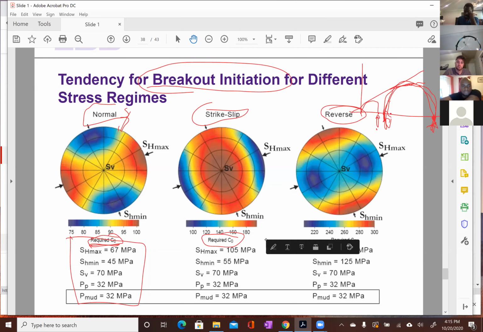So if it's very high, the rock will have to be very strong in order not to create breakouts at 45 degrees. I believe this was set up at 45 degrees. But if you're here in the blue region, then the rock doesn't have to be as strong. It just needs to be about 75 megapascals.